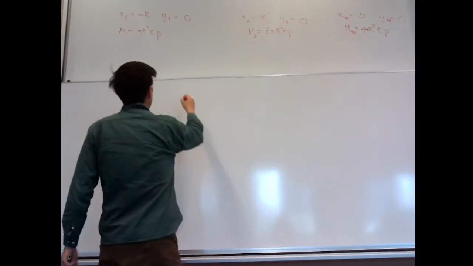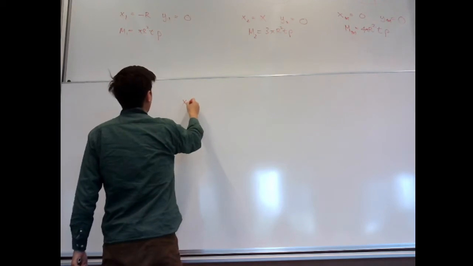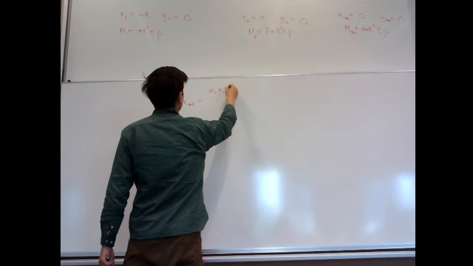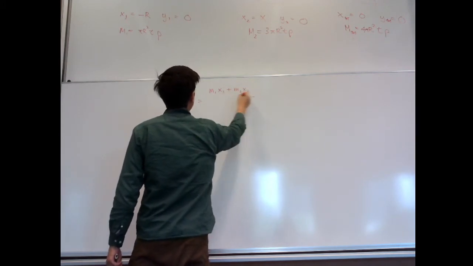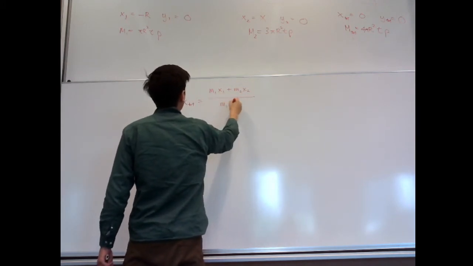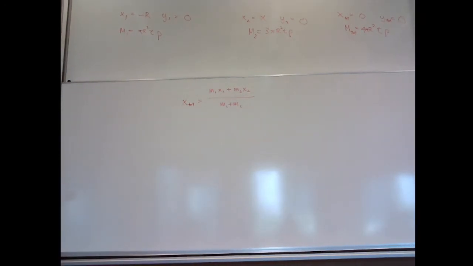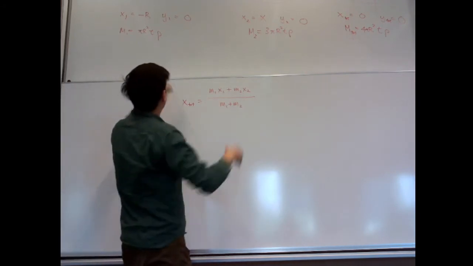So the center of mass position in this case, we've got m1 x1 plus m2 x2 divided by m1 plus m2. That's the center of mass position of the combined thing, right?